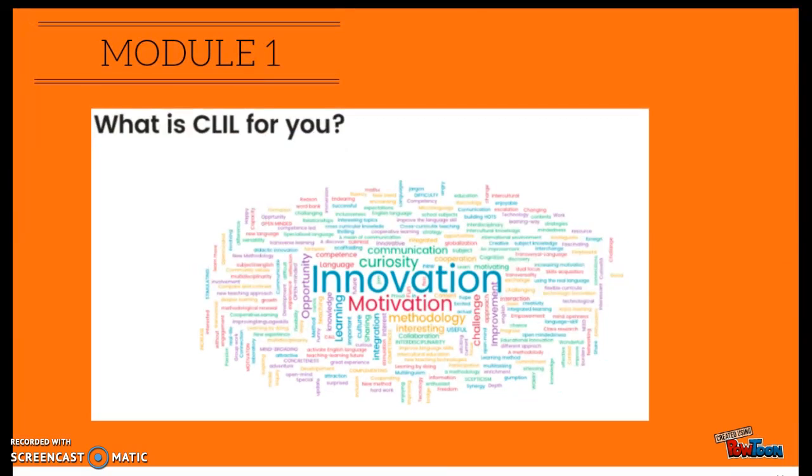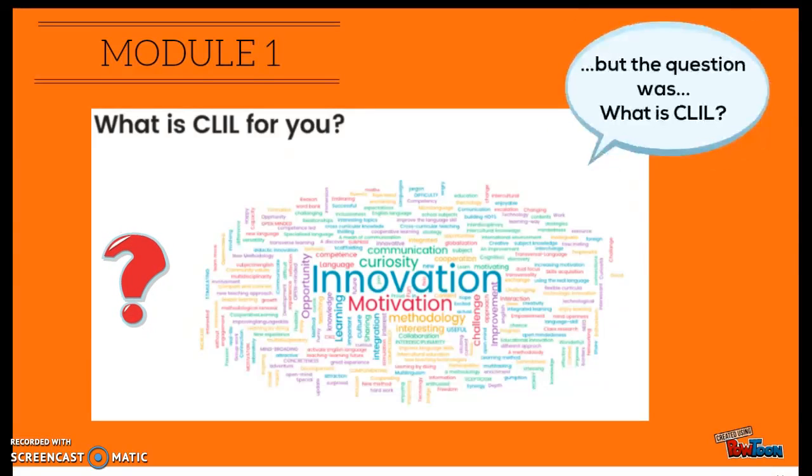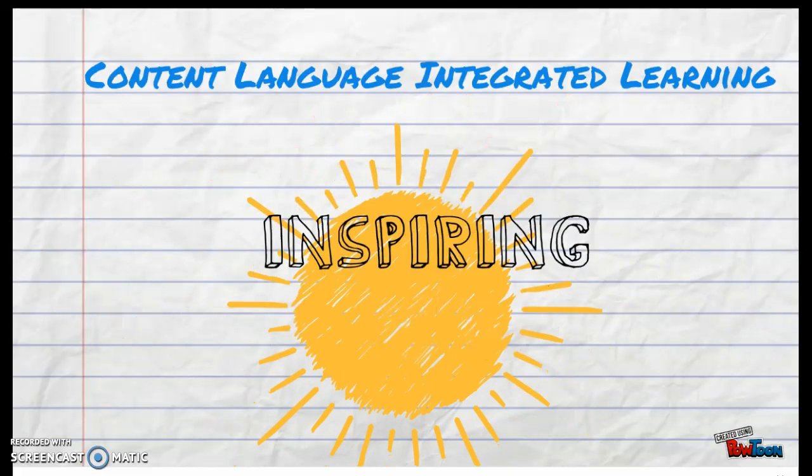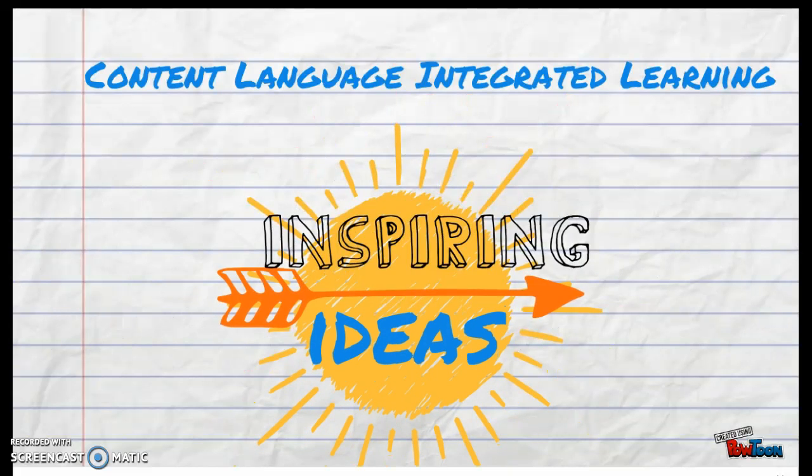In Module 1, we started with the question, what is CLIL for you? But actually, the question was, what is CLIL? Content Language Integrated Learning. I had a lot of inspiring ideas in the first module.